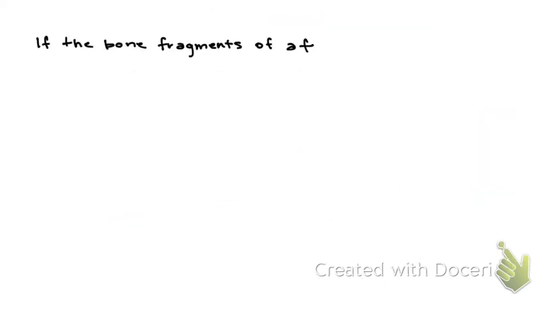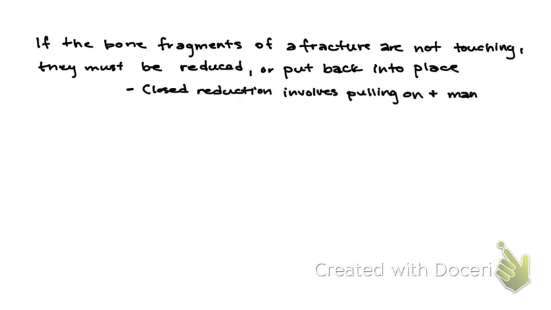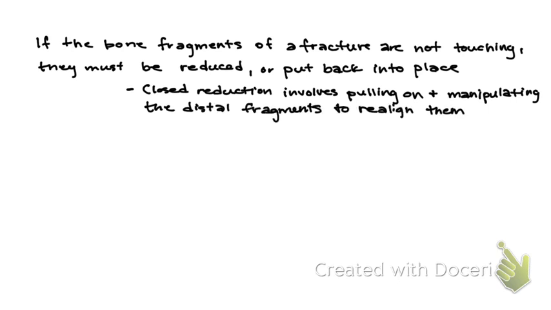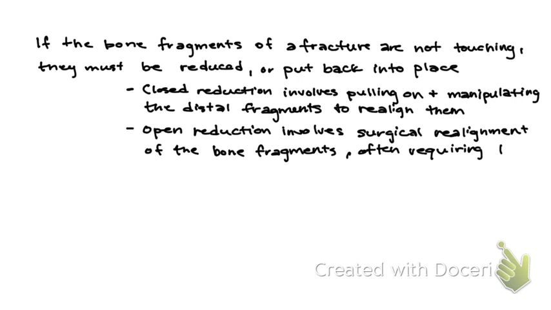If the bone fragments of a fracture are not touching anymore, they must be reduced or put back into place to facilitate healing. Closed reduction involves pulling on or manipulating the distal fragments to realign them. Open reduction involves surgical realignment of the bone fragments and often requires the placement of hardware in order to keep the fragments in place.